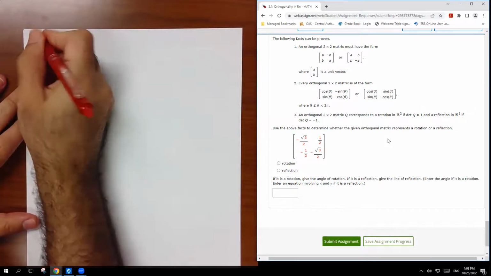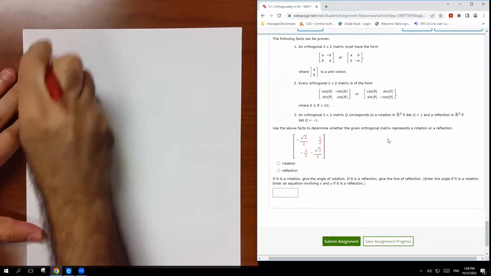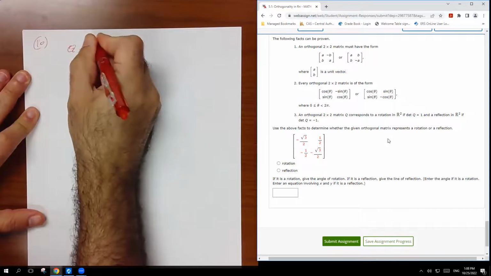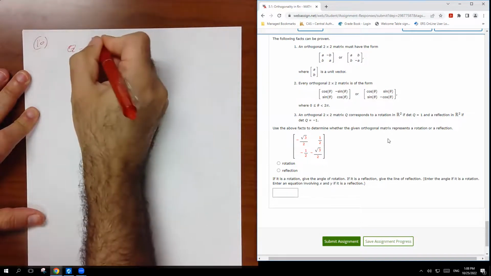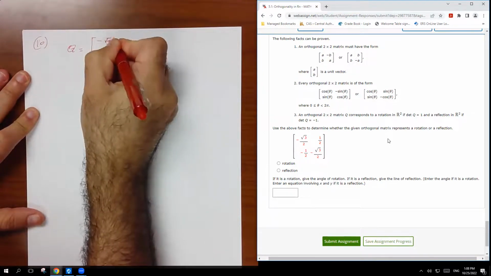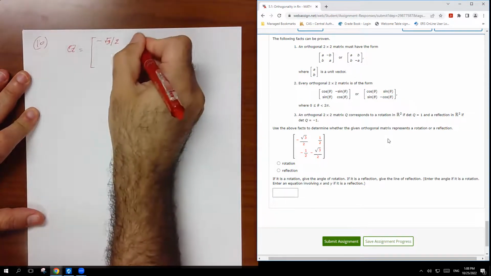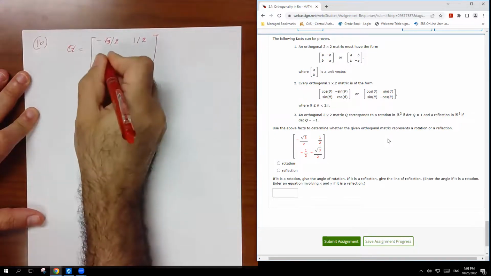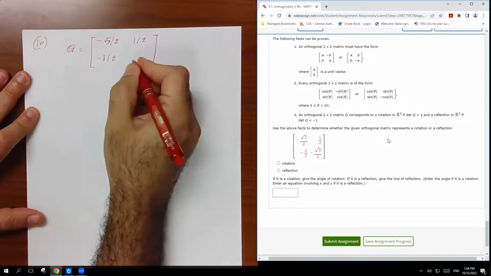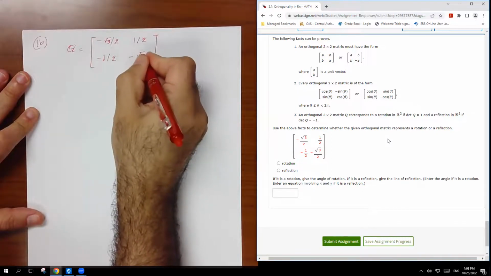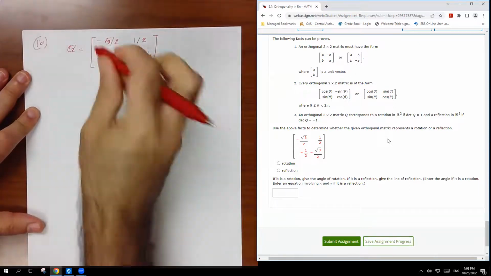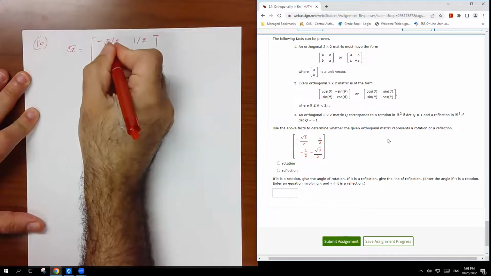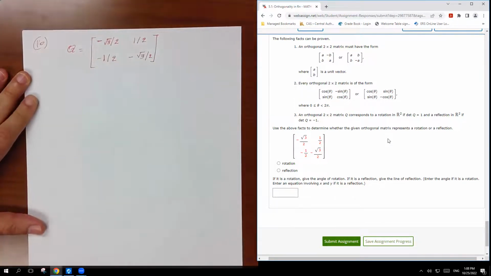So example 10, we have the matrix Q equal to negative square root of 3 divided by 2, here half, and here negative half, and here negative square root of 3 divided by 2. So here is the matrix. We need now to check if it's a rotation or reflection. We're going to find the determinant.